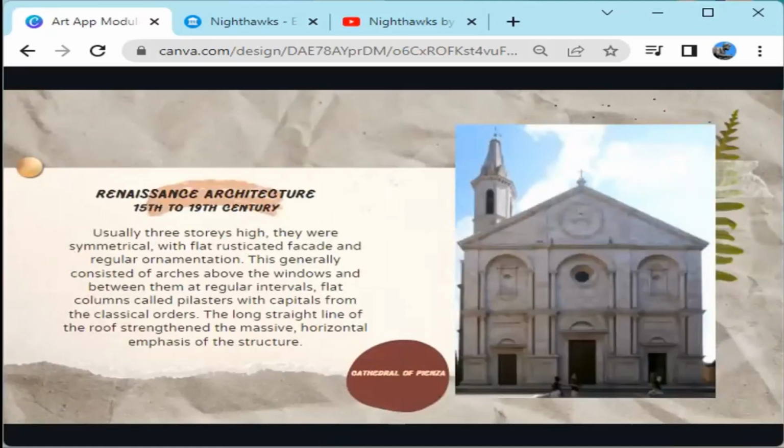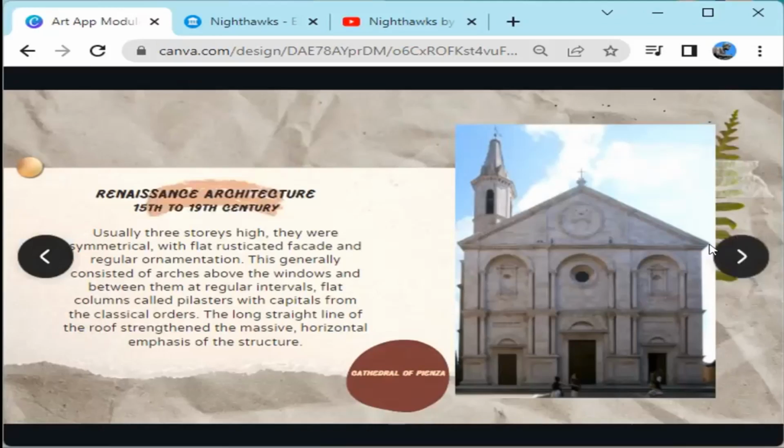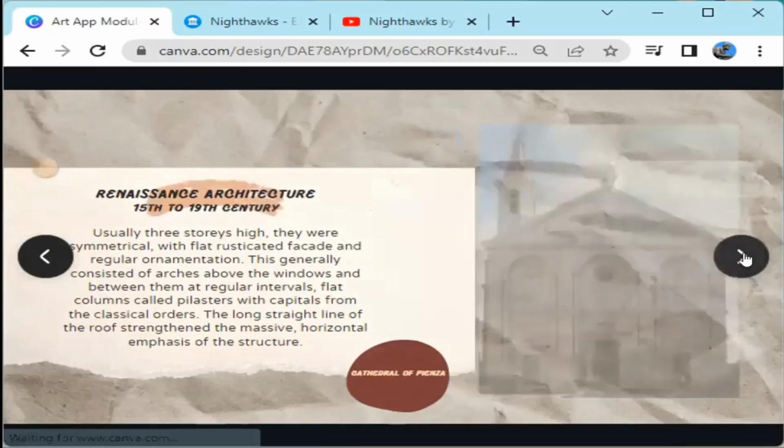This generally consisted of arches above the windows and, in between them at regular intervals, flat columns called pilasters with capitals from the classical orders. The long straight line of the roof strengthened the massive horizontal emphasis of the structure. Basically, the Renaissance has something to do with the way we see our modern or contemporary churches now.